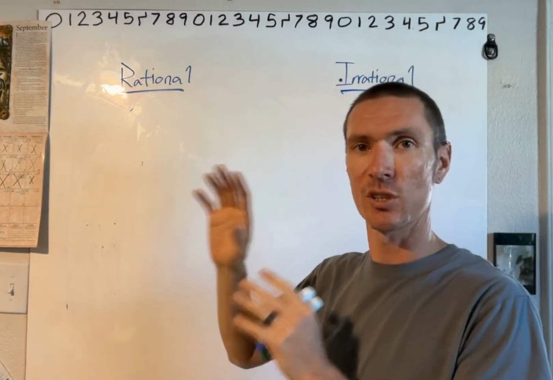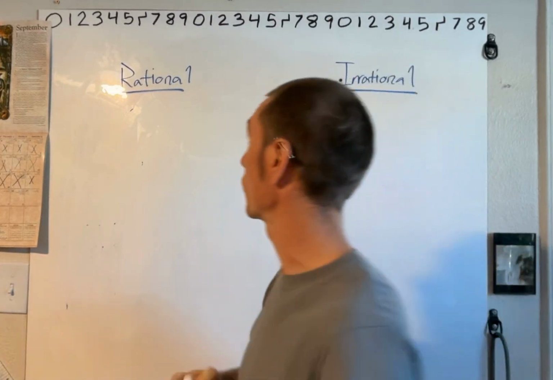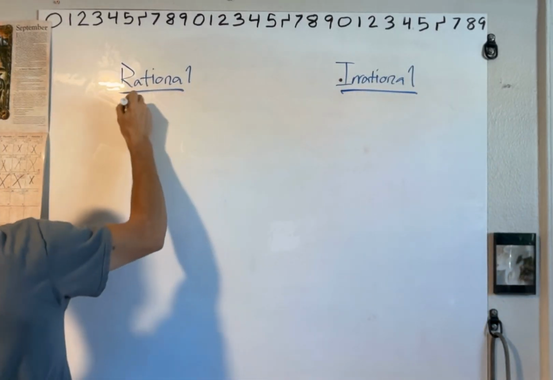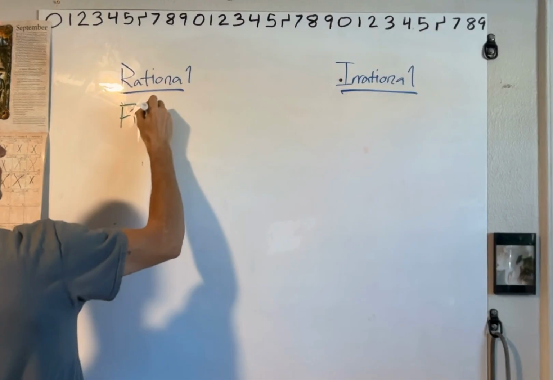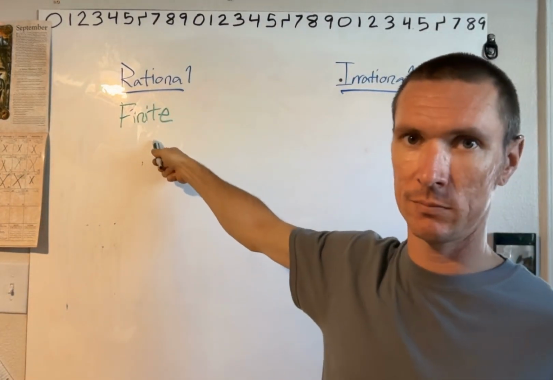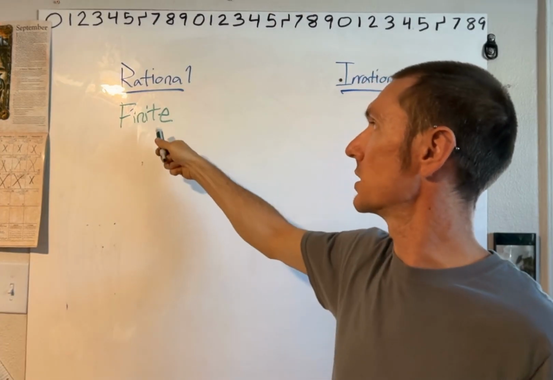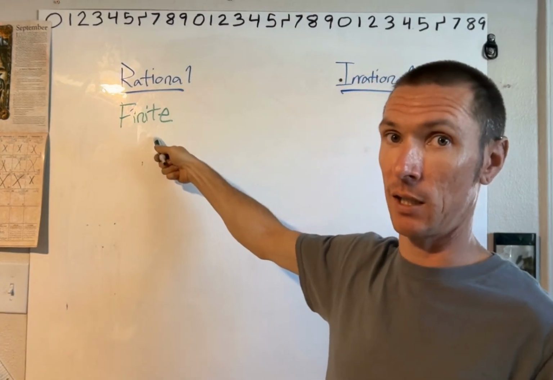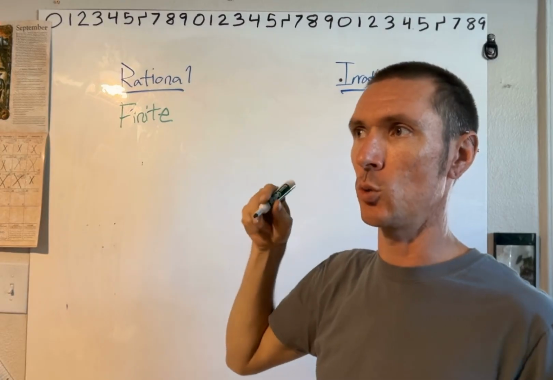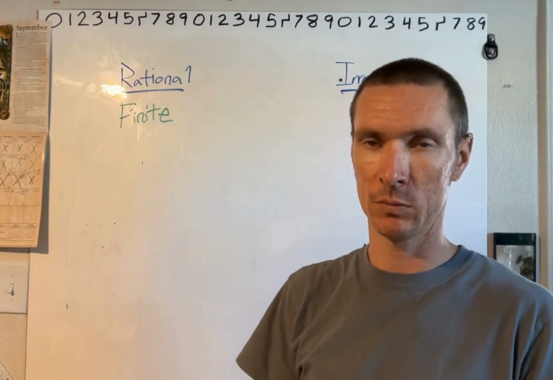They're representations of the physical world, but this is also your finite. Okay. Rational numbers are finite. They end. Okay? That's important to understand, because in this universe, everything has a stopping point.